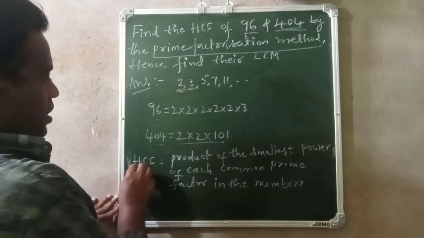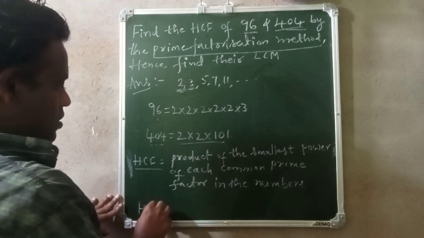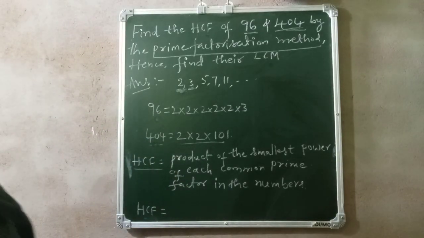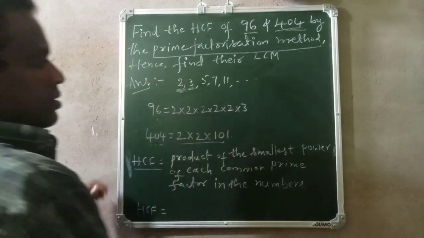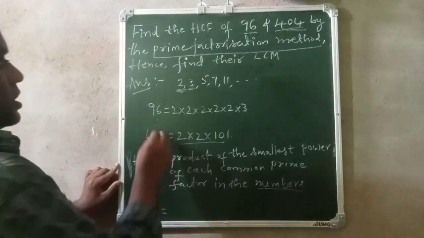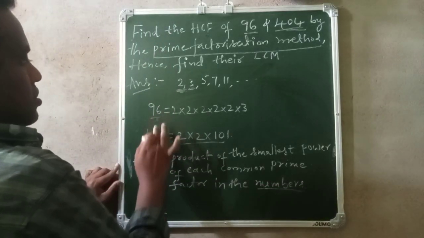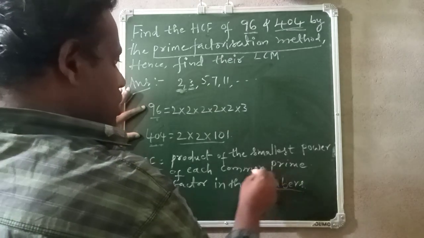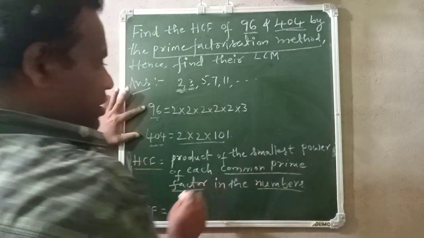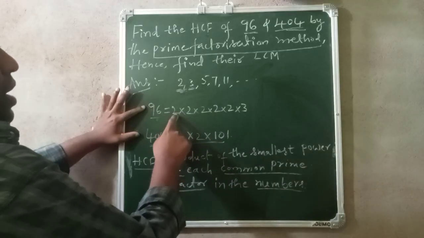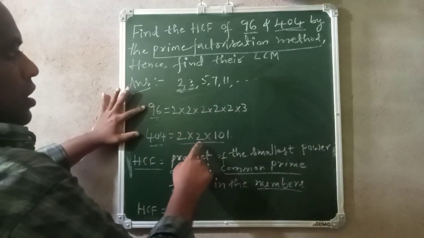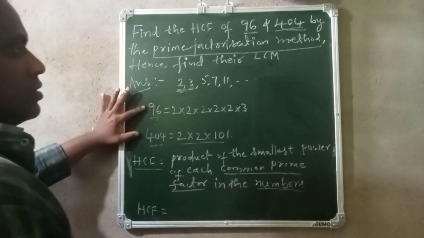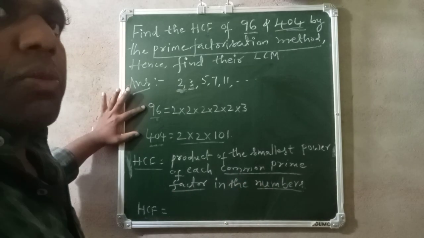So here I will take the same thing, HCF is equal to. You have to use this definition. First, numbers. Numbers means you have to consider both the numbers 96 and 404. Now common prime factor. So these are the prime factors 2, 2, 2, 3 and here 101, 2, 2. So what they are telling, common prime factor. We have to take a common prime factor.